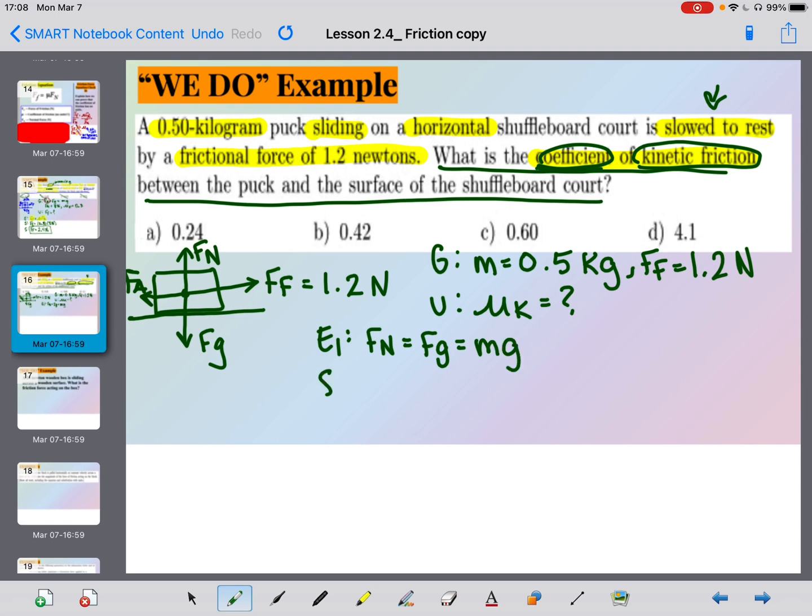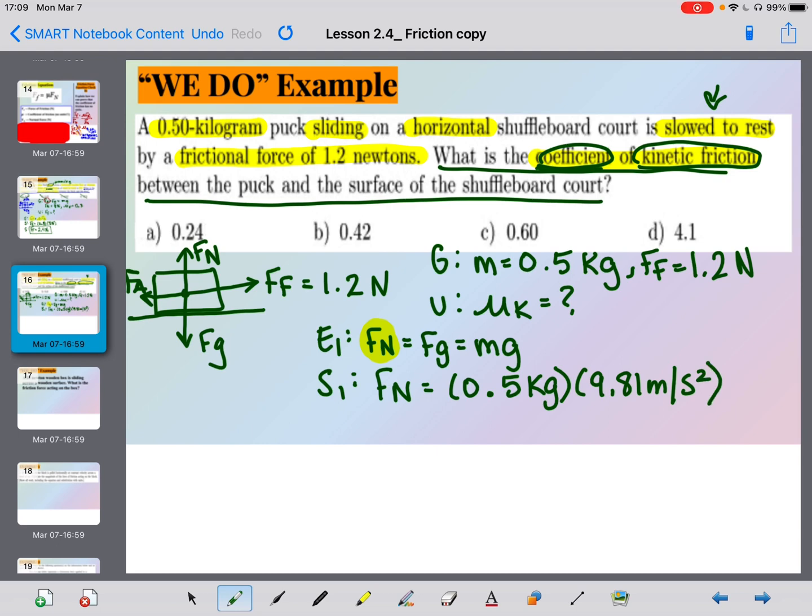I'm going to label this S1. So we care about finding the normal force. So we don't want to write Fg because that's not really important to us anymore. Just the normal force, because once we have the normal force, then we can solve for the coefficient of kinetic friction. Okay? So we're going to do Fn equals 0.5 kilograms times 9.81 meters per second squared.